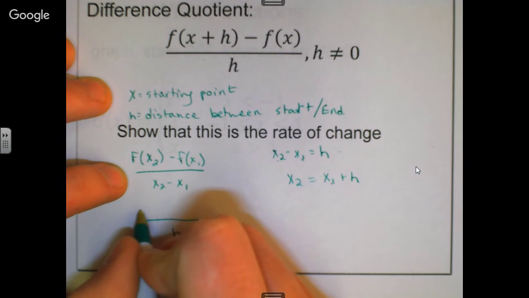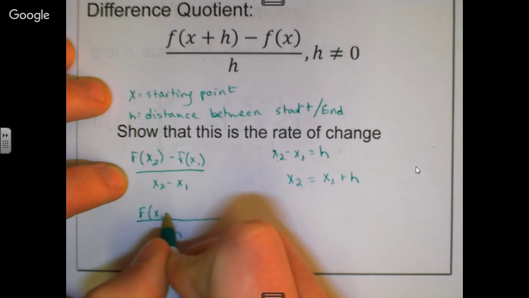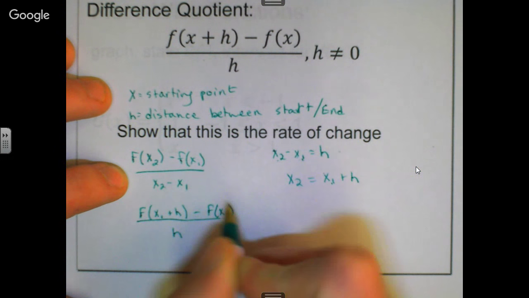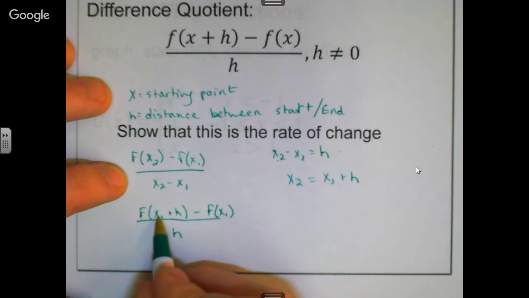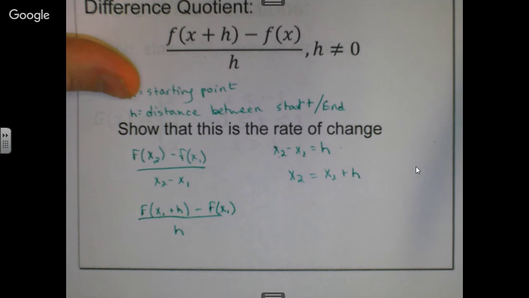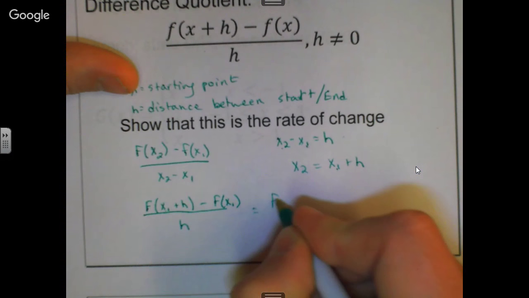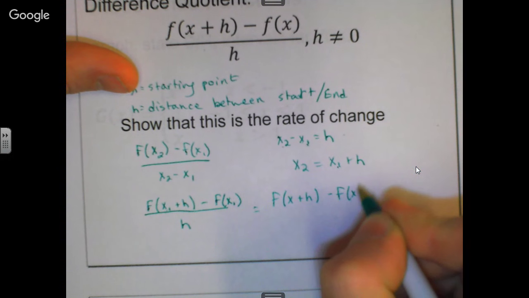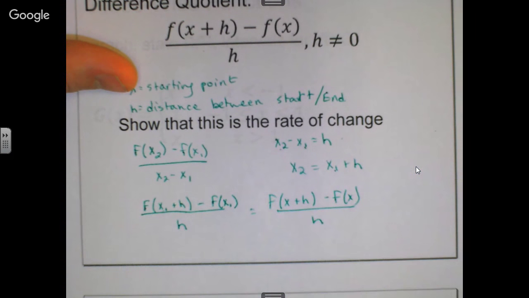Okay. Well, I'm able to get rid of these now because I have them in both terms. I could say f of x1 plus h minus f of x1. Since they are both in terms of x1, I don't need to put the subscript 1. That's not necessary. So this is f of x plus h minus f of x over h.